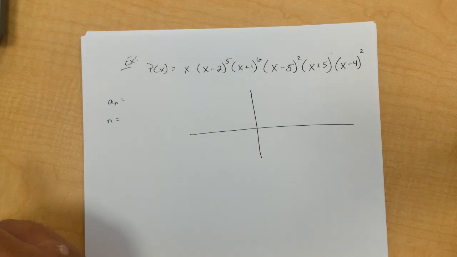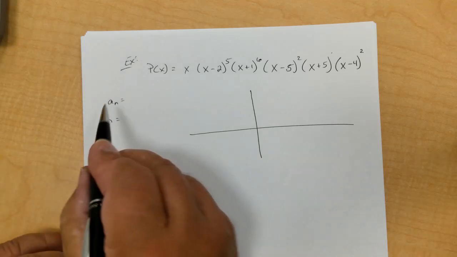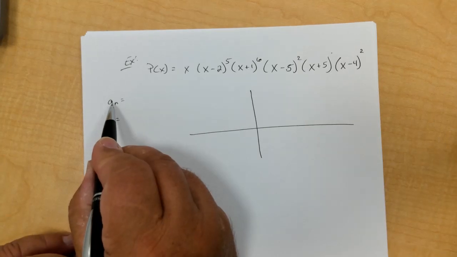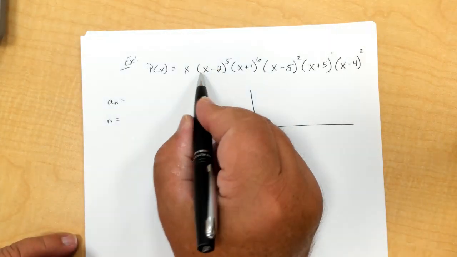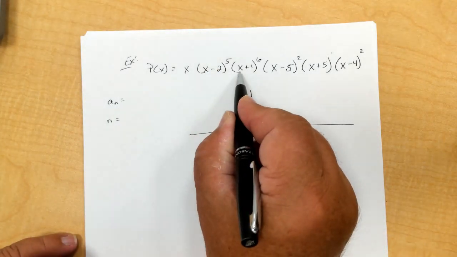Positive. Why? Based on the x that I was looking at, the one that's not in parentheses. Nope, you have to look at all of them, because A sub n is the leading coefficient. It's the coefficient of all of these terms.